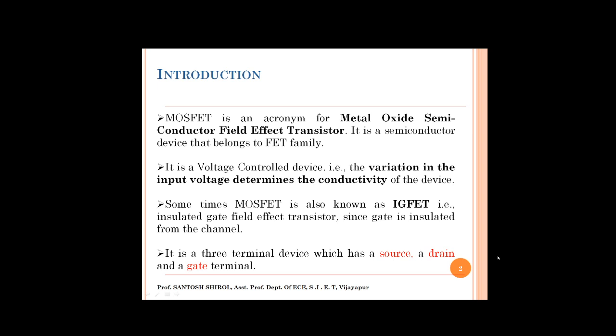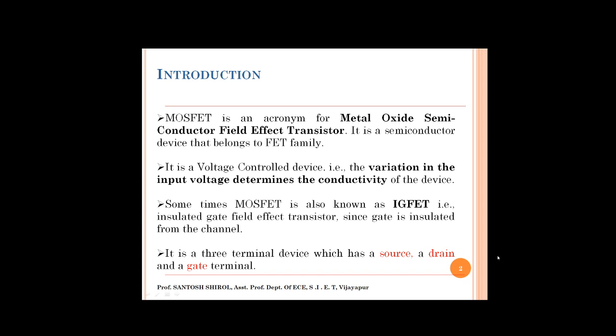Sometimes this MOSFET is also called IGFET, that is insulated gate field effect transistor, since the gate is insulated from the channel. The meaning of this is that the gate terminal is insulated from the channel by making use of an insulator layer. That is why it is sometimes called IGFET.